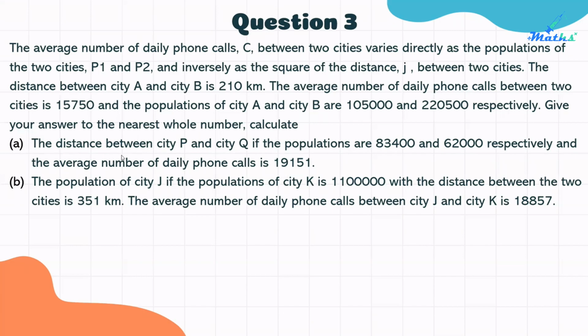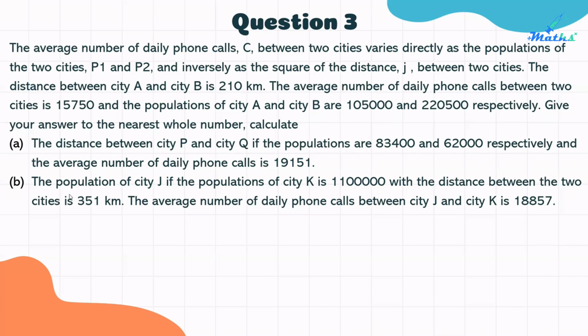Calculate question A. The distance between city P and city Q if the populations are 83,400 and 62,000 respectively and the average number of daily phone calls is 19,151.